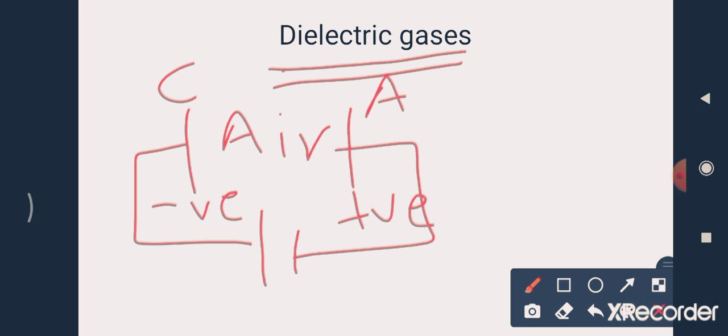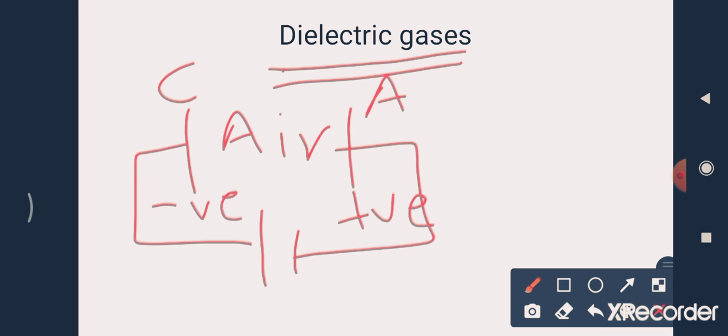Whenever high voltage is applied, electrons collide with the gas molecules, resulting in free electrons being generated in the gas medium, and positive ions are also generated. These free electrons are responsible for breakdown in dielectric gases.